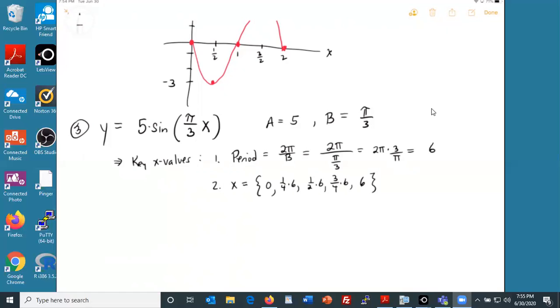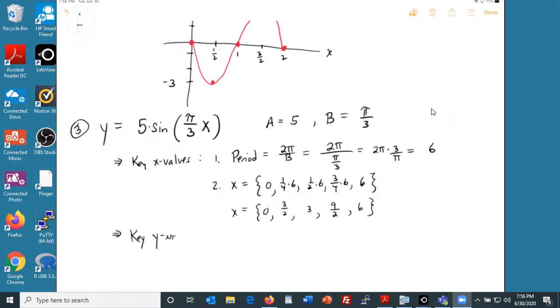Now I would simplify those. You better simplify. So we get 6/4 is 3/2. 1/2 of 6 is 3. And then we get 9/2, and then 6. So there's your key x values.